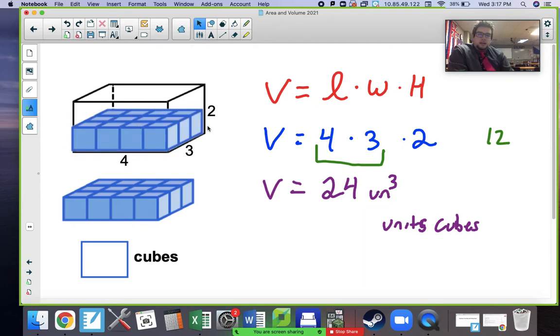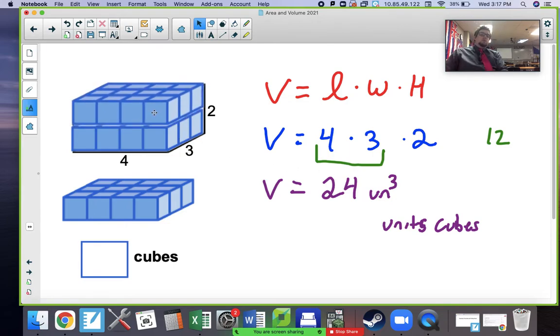But then the height asks us to go up 2 sets of these cubes. So 12 plus 12 gives us 24 total cubes of volume. So that's 24 cubes in our respective units. 24 units cubed.